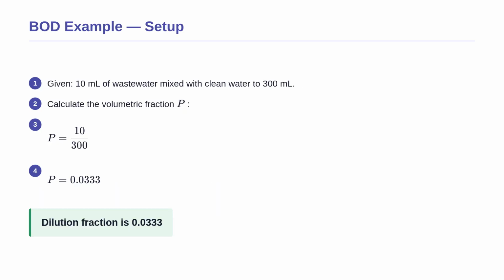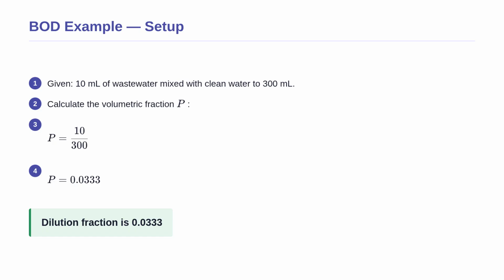Before we move on, let us see this with a concrete example. Suppose an environmental scientist collects 10 milliliters of highly polluted wastewater and dilutes it to a total volume of 300 milliliters. Because the wastewater is highly polluted, she cannot test it directly. First, we must calculate the dilution factor, which is the fraction of the actual wastewater in our total mixture.